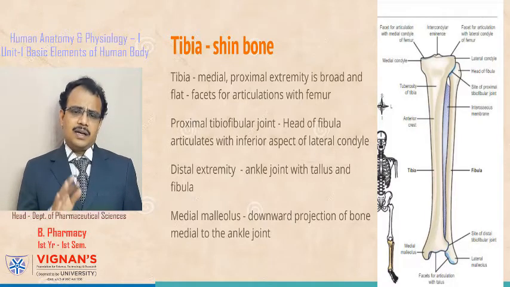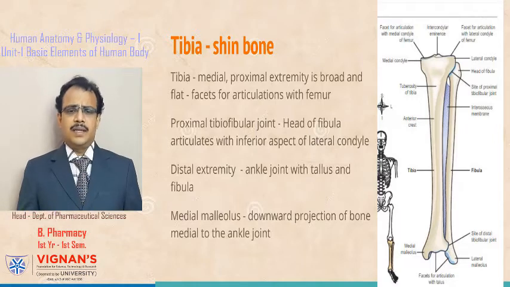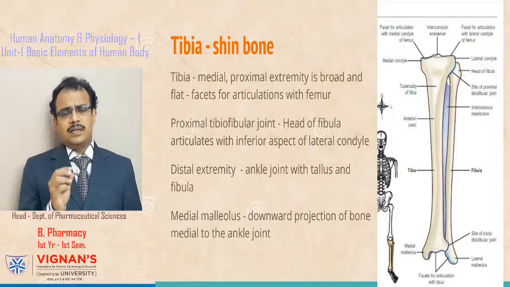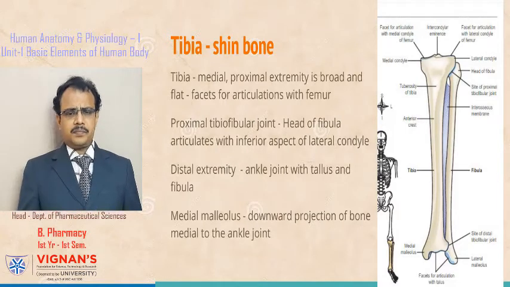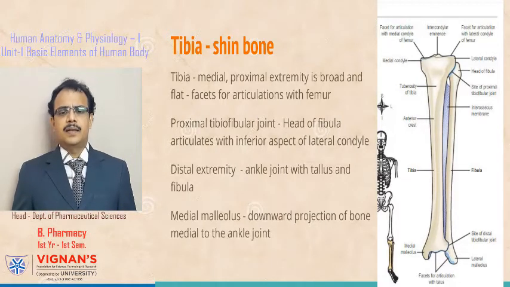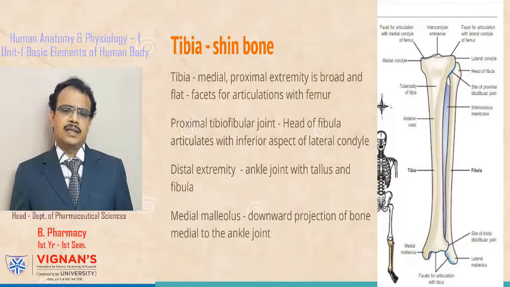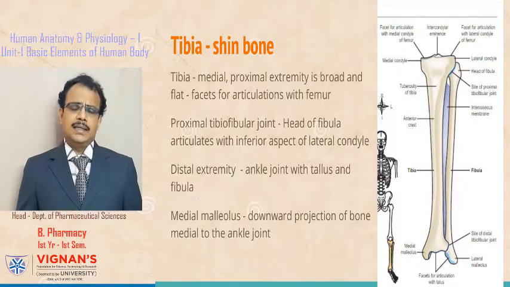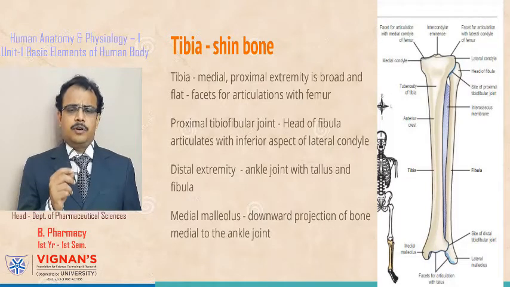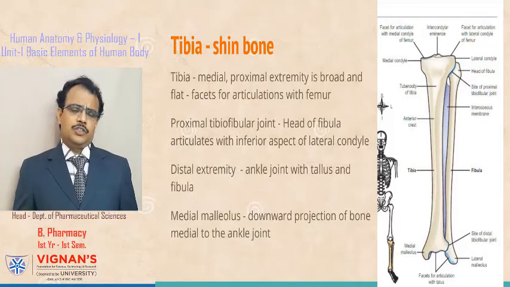The tibia has a flat surface superiorly, which allows articulation with the condyles of the femur. The head of the tibia articulates with the fibula both proximally and distally to form the tibiofibular joint.